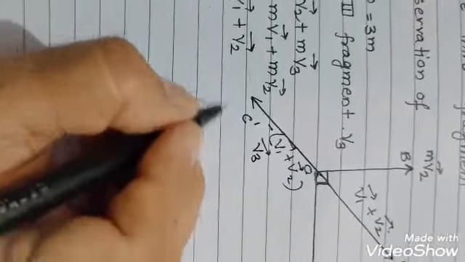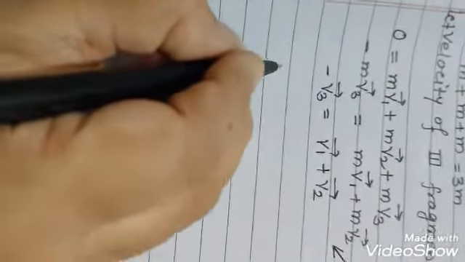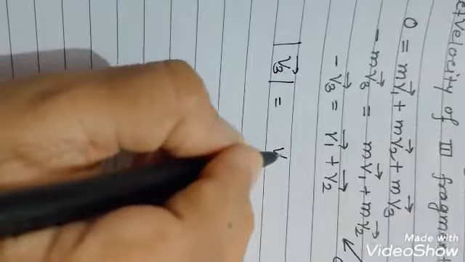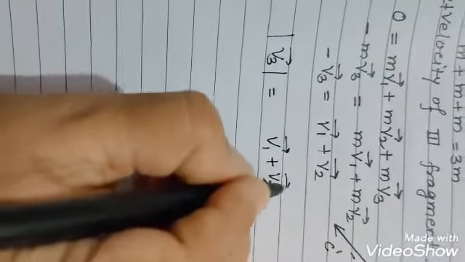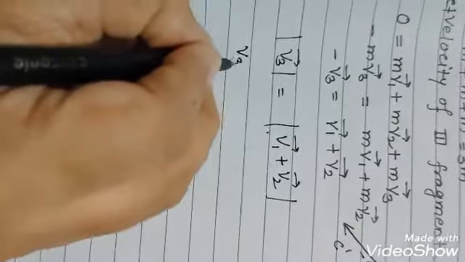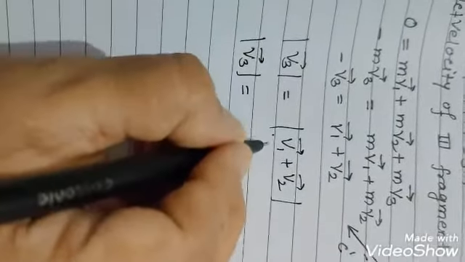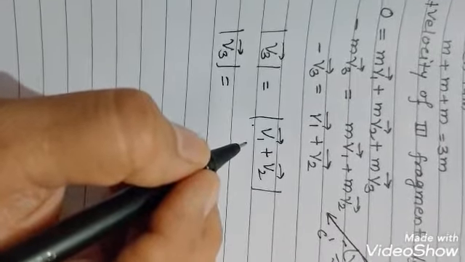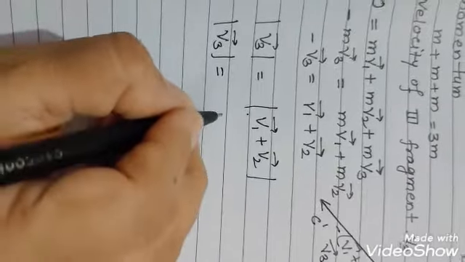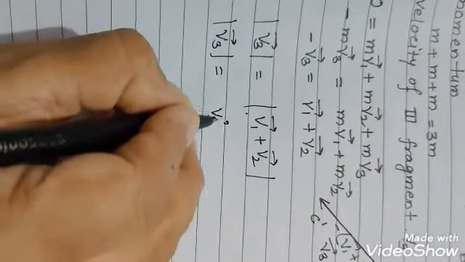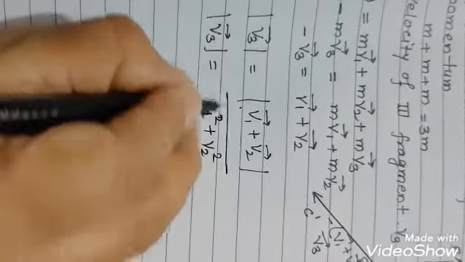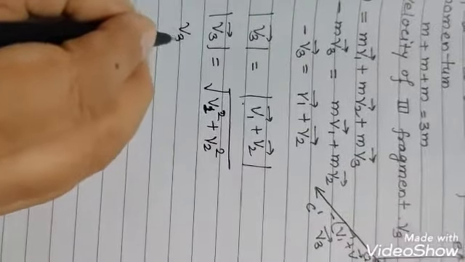Now we will calculate v3. Because the vectors make a 90-degree angle, cos 90 is 0, so v3 is simply the root of v1 square plus v2 square.